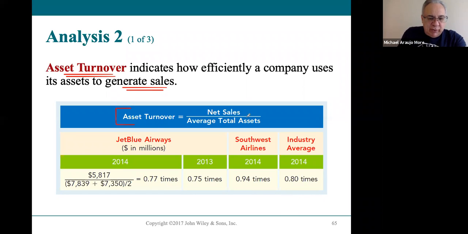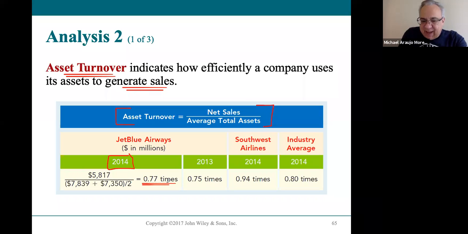So asset turnover is your net sales divided by the same average total assets we looked at in the last ratio. So for JetBlue in 2014, they had 5.8 billion in net sales over about 7.5 billion in average total assets for an asset turnover of 0.77 times.